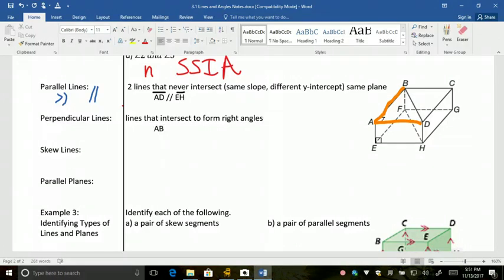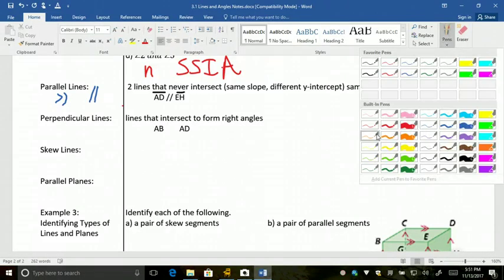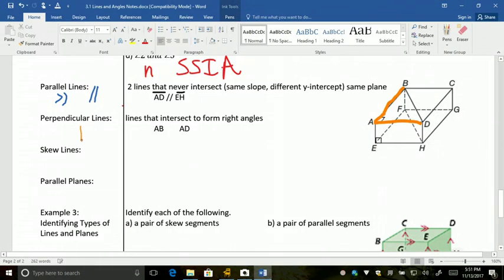So right now we have AB is perpendicular to AD. The symbol for perpendicular is an upside down T. They should share a common vertex. BA and AD both share vertex A. There is one other one. This picture can be a little deceiving, so sometimes you have to be very careful.